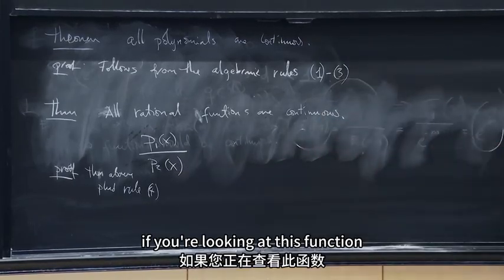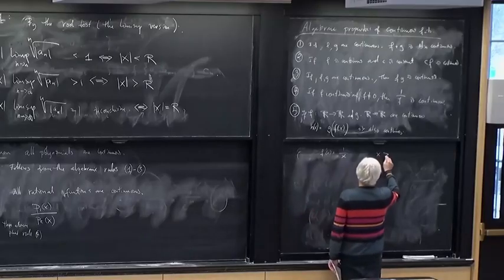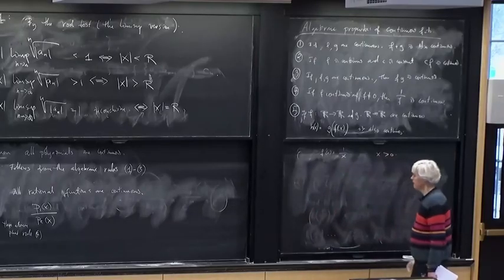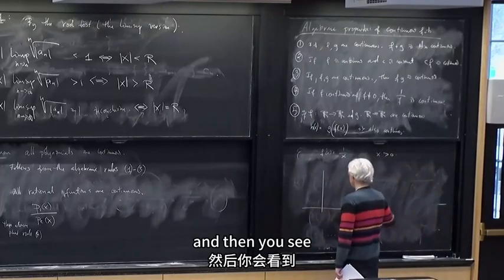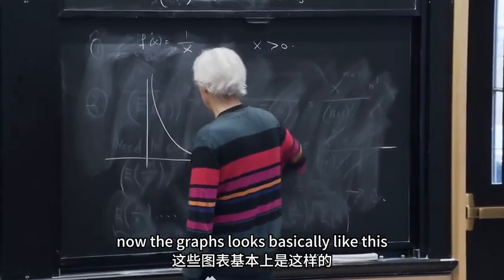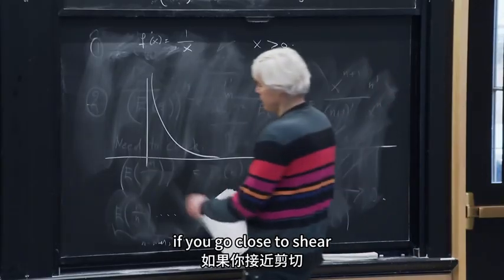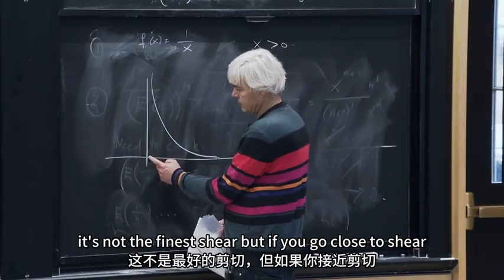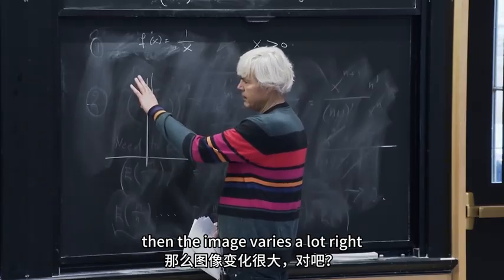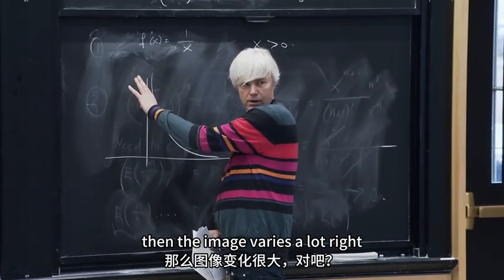Let's just look at this function where it's strictly positive. Now the graph looks basically like this. So in particular, if you go close to 0, it's not defined at 0, but if you go close to 0, then the image varies a lot.